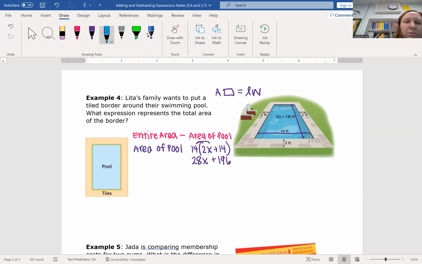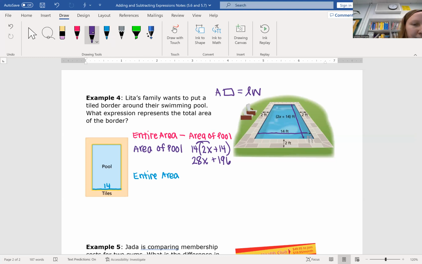Now I'm going to do that entire area. We've got to think a little bit here because we don't know those exact dimensions. But we know that this part of the pool is 14. We also know that the border around the outside of the pool in all of the spots is 2 feet.